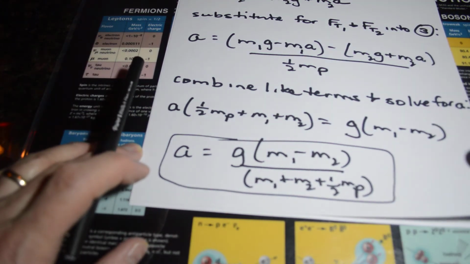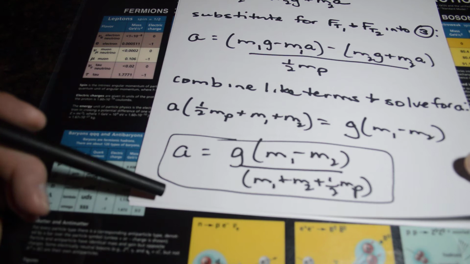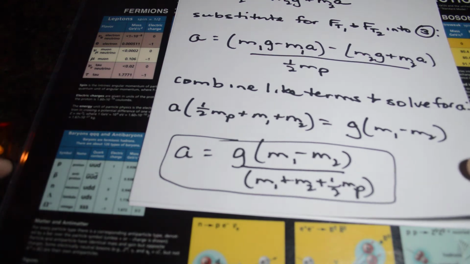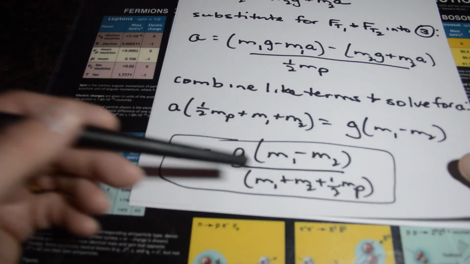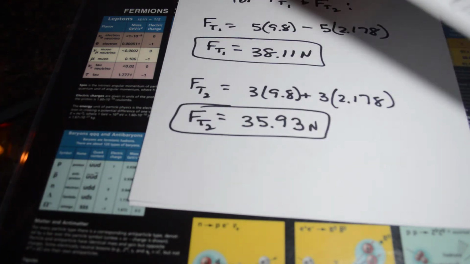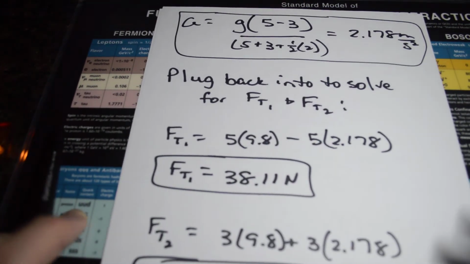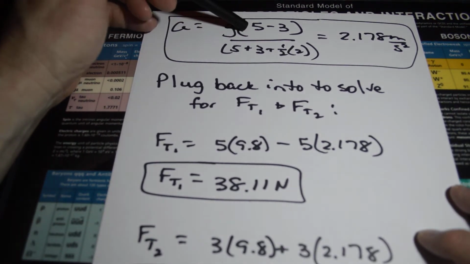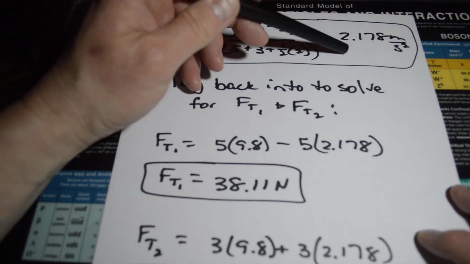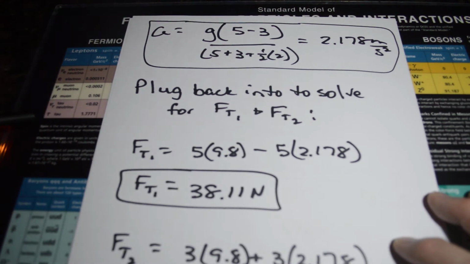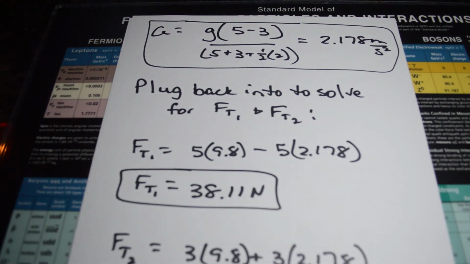Hopefully that makes some sense: the difference in the weights over the total mass of the system. Seems reasonable. If I plug in the difference in the weight forces divided by the total mass of the system, I get 2.178 meters per second squared.